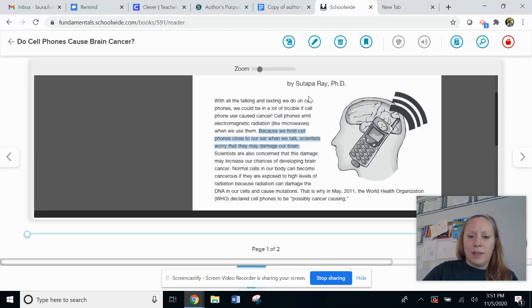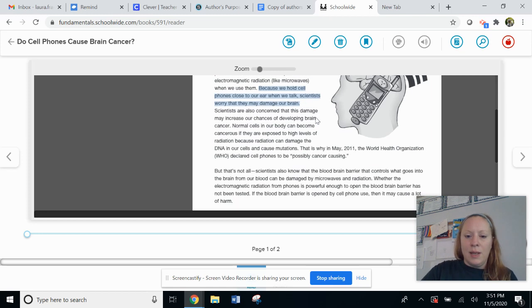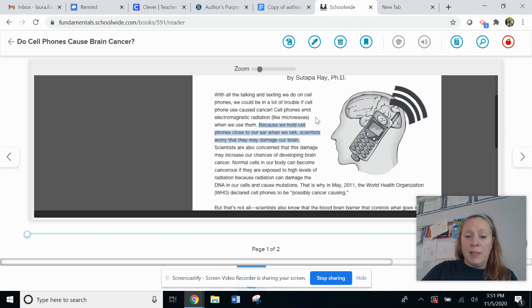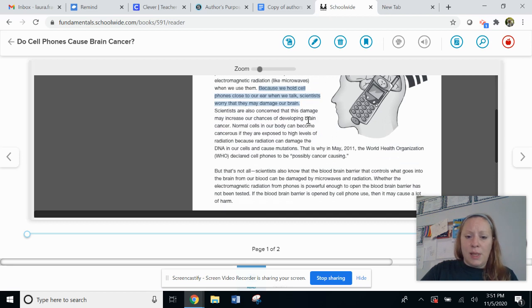With all the talking and texting we do on cell phones, we could be in a lot of trouble if cell phones cause cancer. I don't see any I's in this sentence. Normal cells in our body can become cancerous if they're exposed to high levels of radiation, because radiation can damage the DNA in our cells and cause mutations.